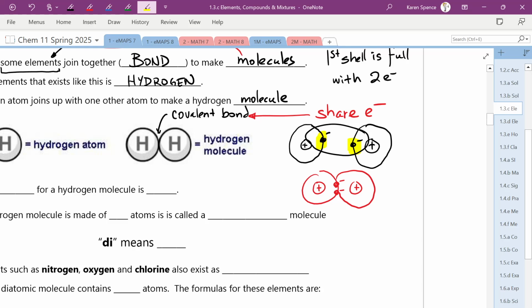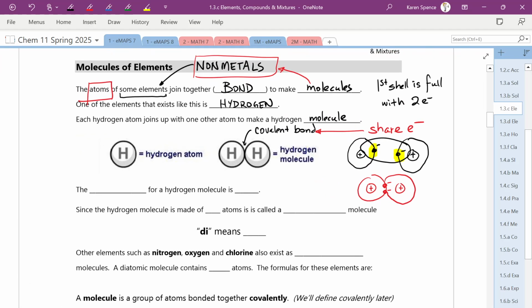Is that a stable state or an unstable state? Stable means happy. Unstable means unhappy. It is an unstable state. They would rather have their outer shell be full. And how many electrons fills shell number 1? 2 electrons. So hydrogen is good at this point.